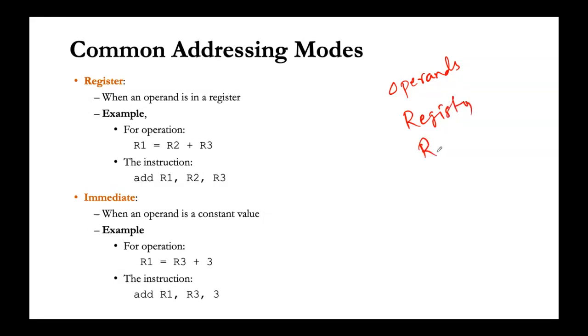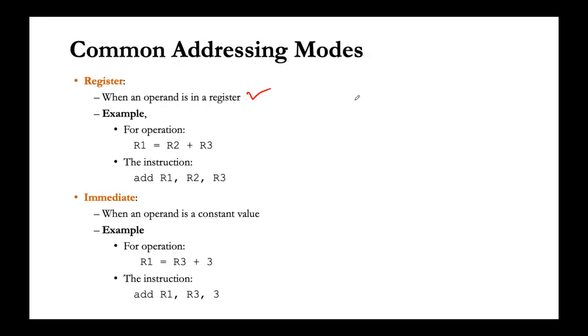The registers we use are general purpose registers, R0 to R15, or we can write it as R1 to R16 too. So the operands are located in these registers.